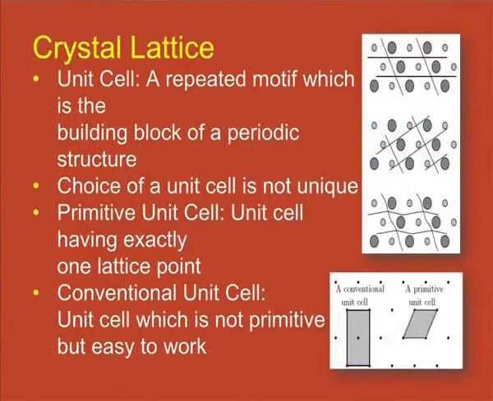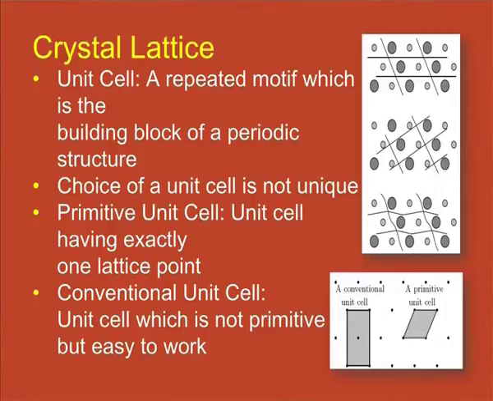Now the next definition is of unit cell. It is a repeated motif which is the building block of a periodic structure, and unit cell is not unique. As you can see on the right hand top side image, there is a structure of crystal lattice which is represented in three different ways. So each small block represents a unit cell. So in that sense we can say that the unit cells are not unique to a crystal lattice.